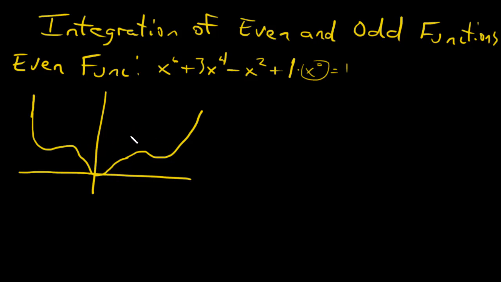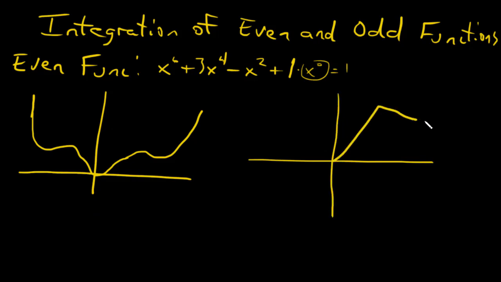An even function is mirrored across the y-axis. Okay? So no matter what the function is, if it's an even function, it's going to be mirrored. If it looks like this, the other side looks like that. Okay? So they are exactly the same.